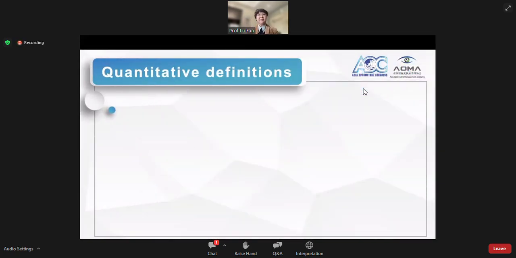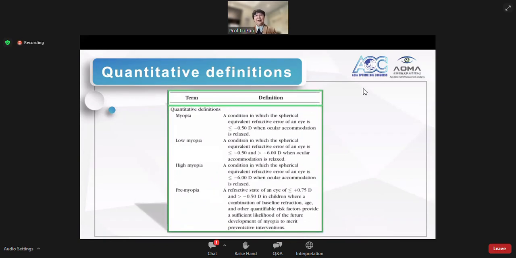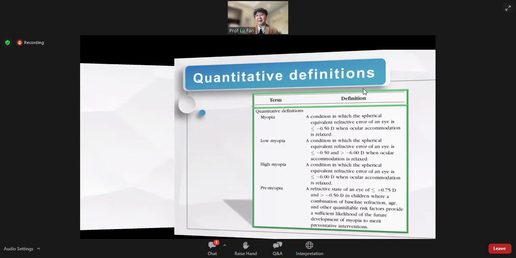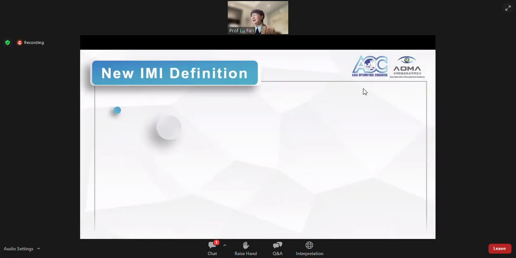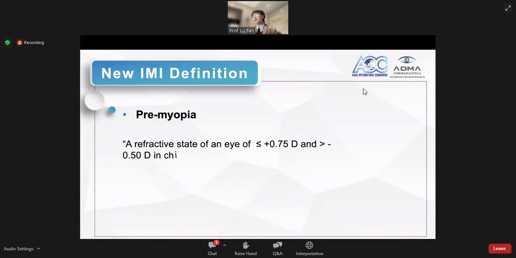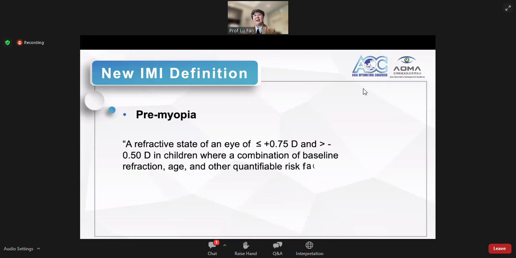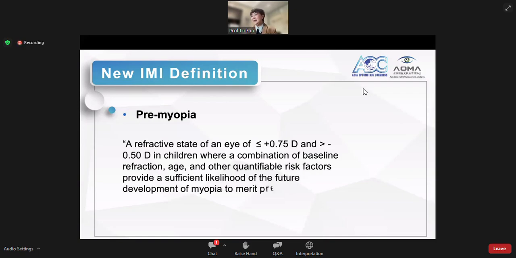In addition, the quantitative definitions were given, including low myopia, high myopia, and pre-myopia. In terms of pre-myopia, we proposed an entirely new definition, because this definition is very much needed.